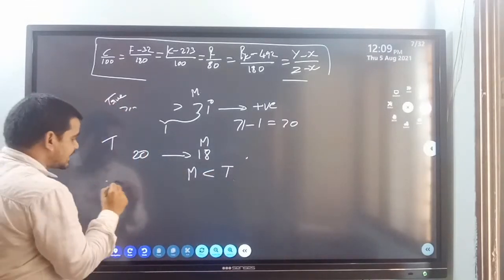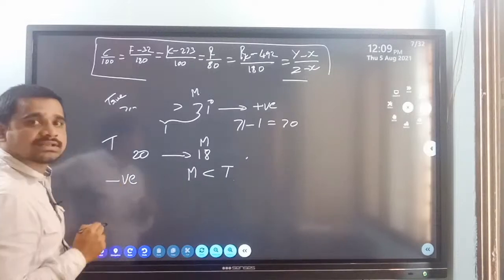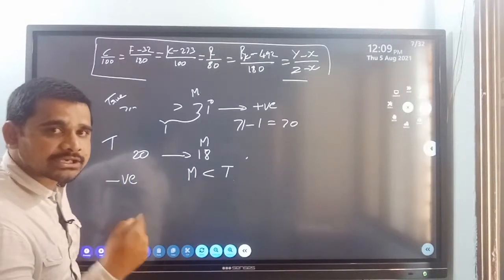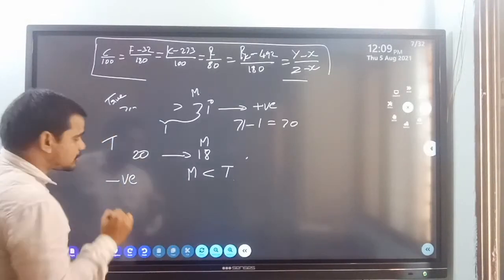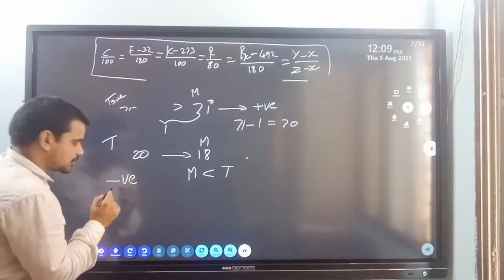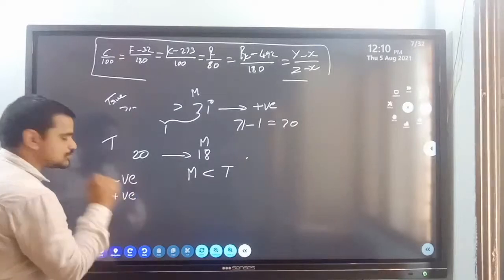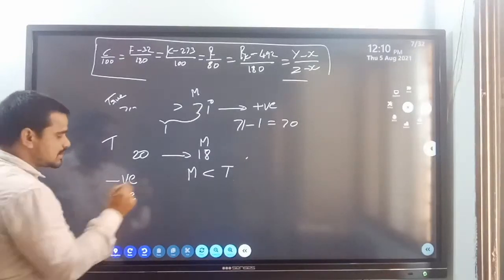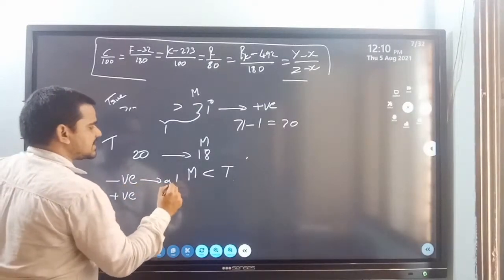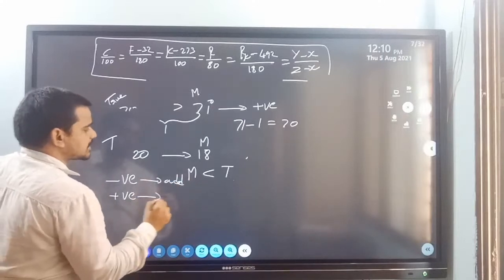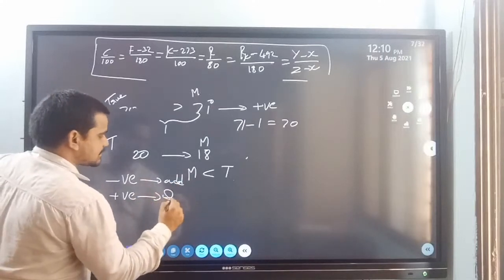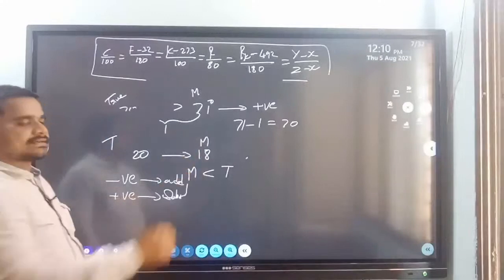This is a negative error. For getting the correct value, what do we have to do? He has to add it. Understood here? Plus we have to do. Negative error means we have to add for getting the correct value. Positive error means we have to subtract.